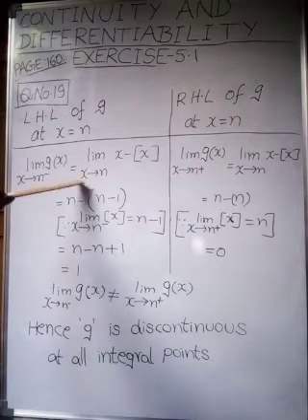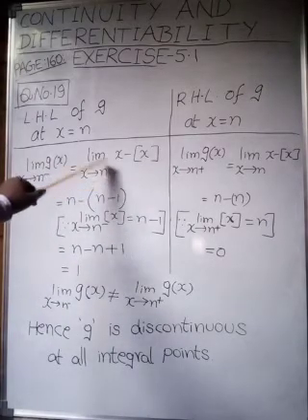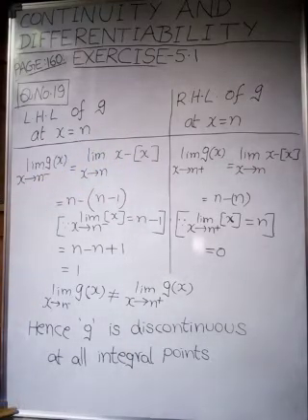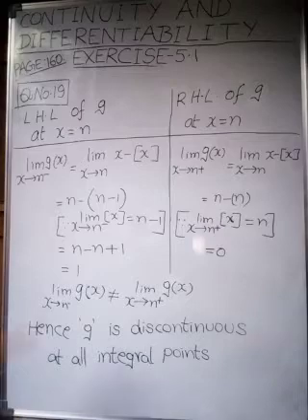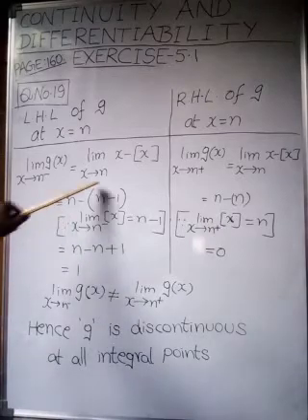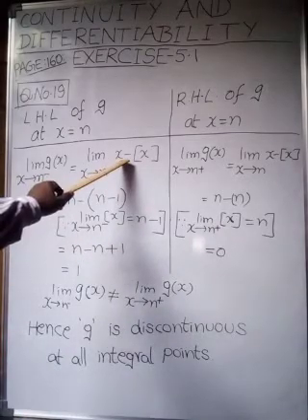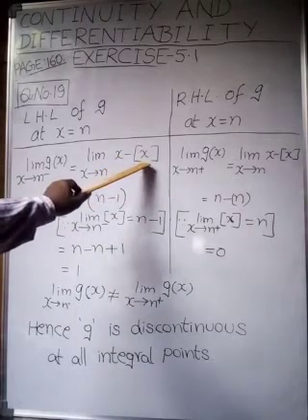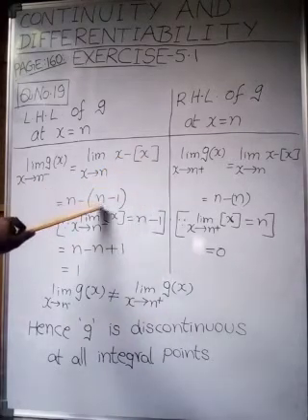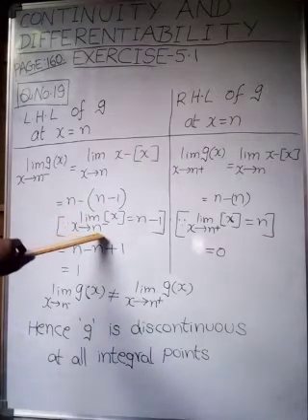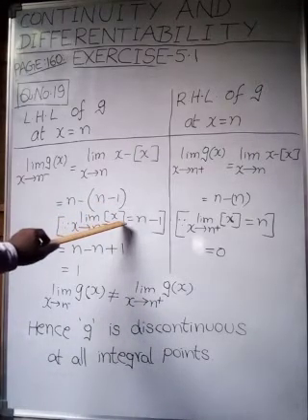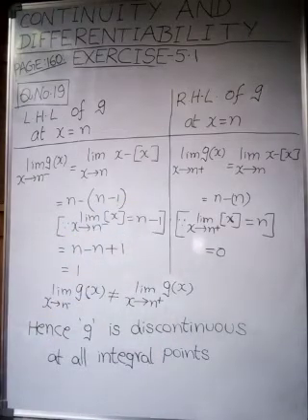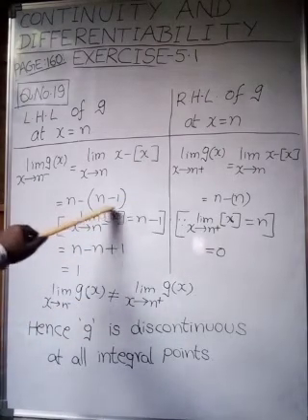That is equal to limit as x tends to n of x minus [x]. g of x is defined as x minus [x]. That is equal to, by the method of substitution, n minus the limit of [x], which is n minus 1, because as x tends to n minus, limit [x] is equal to n minus 1. Previously we wrote that point. Understood this step, my dear children?